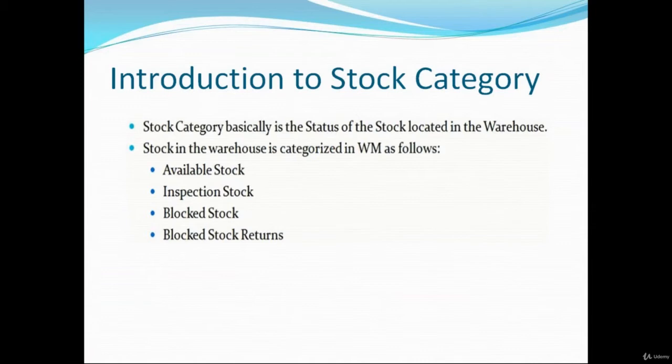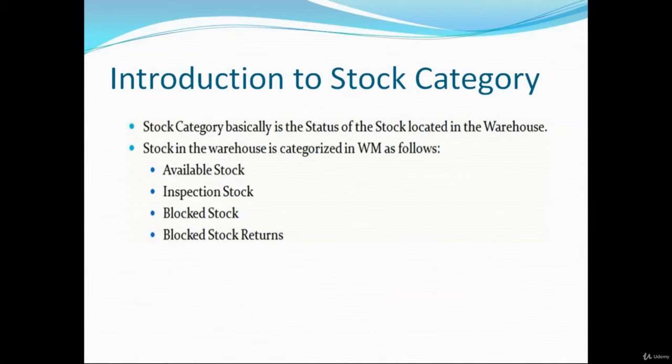Stock category is basically the status of stock located in the warehouse. There are basically four statuses of stocks. One is available stock, that is nothing but the unrestricted stock. Then the inspection stock, blocked stock, and returns.